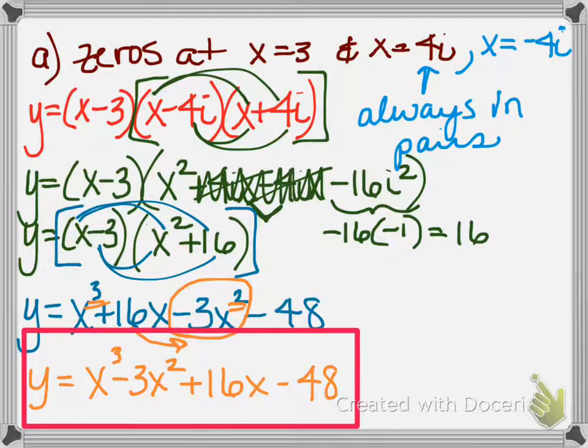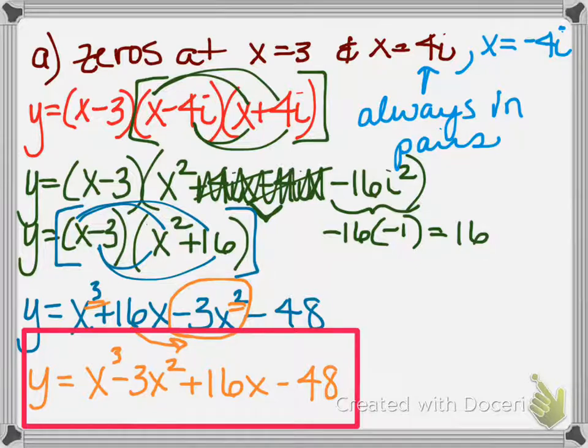Notice there's no more i's in the answer, and the zeros are at 3, positive 4i, and of course, since they're always in pairs, negative 4i. So believe it or not, that was the easiest one on the page. The other 3 are a little bit trickier because of the complex numbers, not just imaginary numbers.